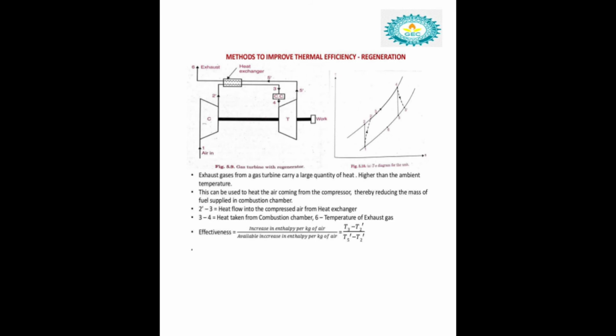And the last method is regeneration. With the help of regeneration, we can improve the efficiency of gas turbines. In regeneration, the exhaust gases from a gas turbine carry a large quantity of heat with them.